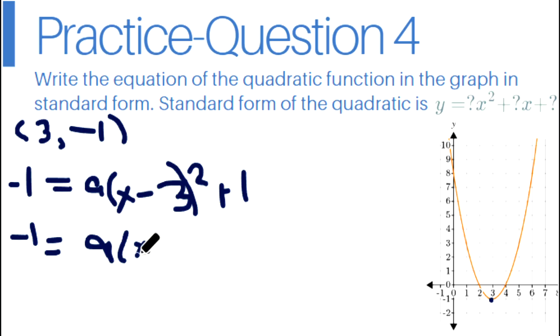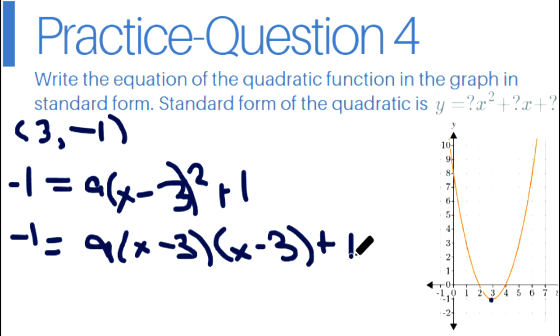So we have x minus 3 times x minus 3 plus 1. And this should just be y. I started out bad because I started out with the wrong formula. I copied it off the wrong page. Okay, there. Let's try this now.